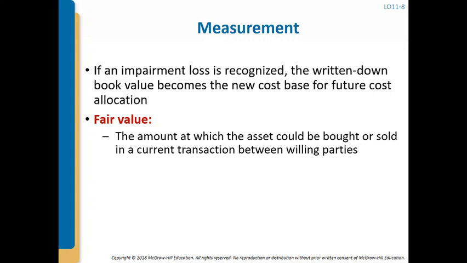And so the written down book value becomes the new cost base for future cost allocation, meaning you take the written down book value and depreciate it over its remaining useful life.